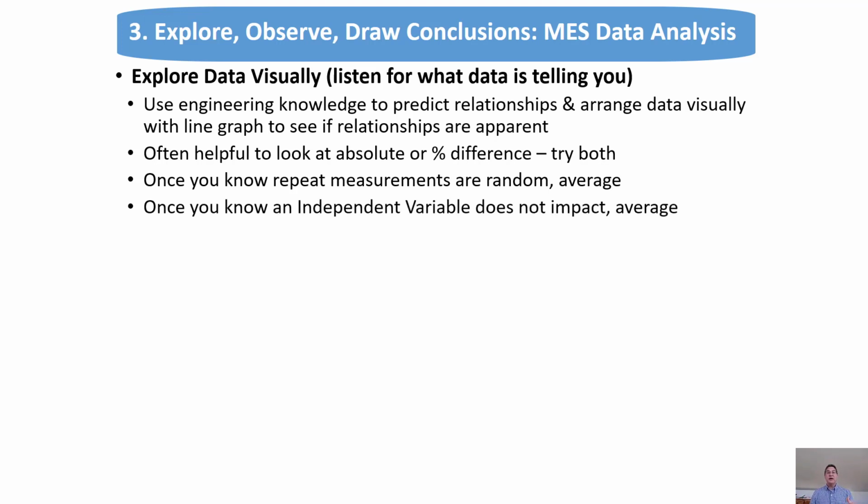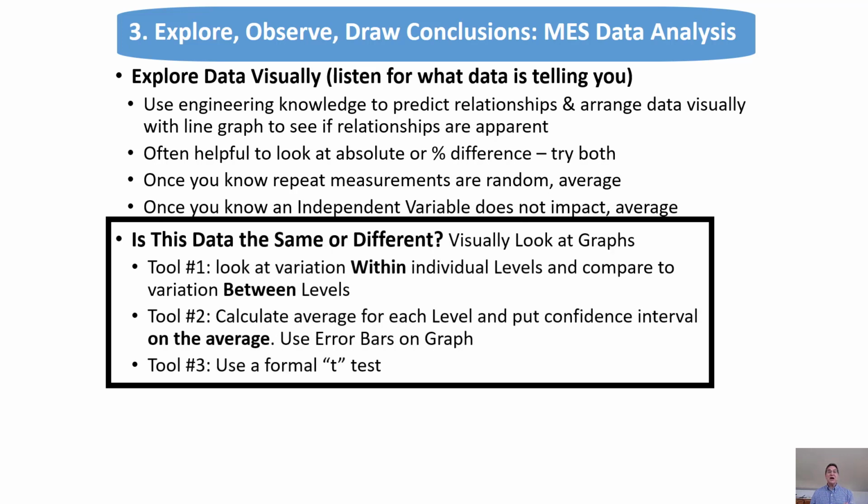Once you know that your independent variable doesn't matter or a level within it, average that over. And how do you tell? Well, that was the purpose of this assignment. You learned 3 different tools. You can look at it and the individual levels and it may be obvious, or you can calculate an average and put a confidence interval on the averages and compare those.